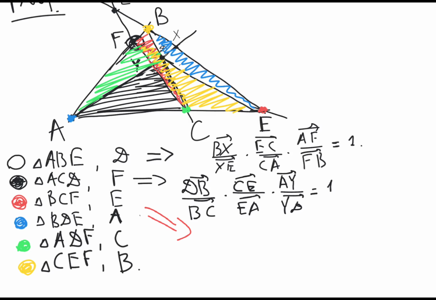So in the red one, BCF: BT over DC multiplied by CZ over ZF multiplied by FA over AB is equal to 1. So the next one would be in blue.